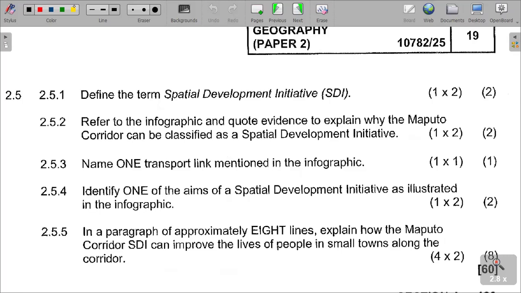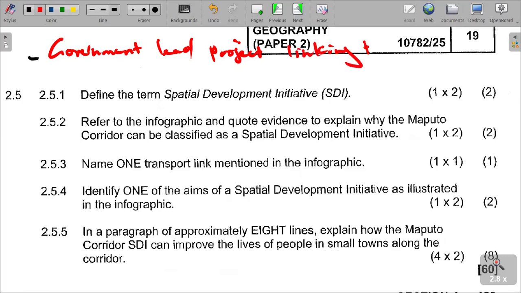This is a government-led project linking transport and industries.